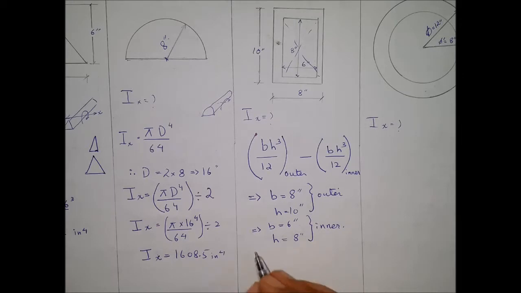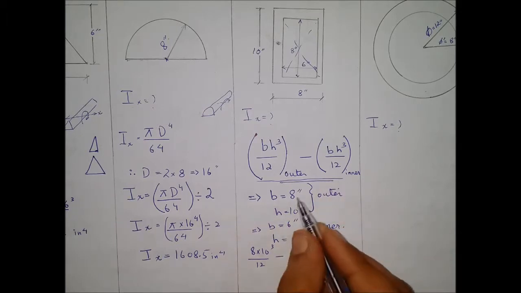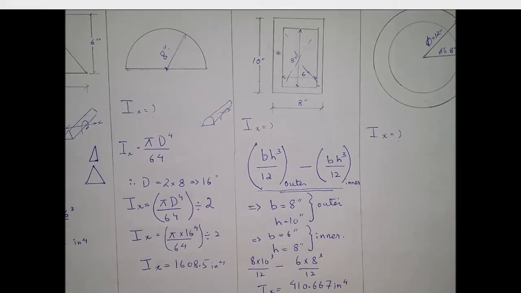Substituting these values in the formula, we get 8 into 10 cube divided by 12 minus 6 into 8 cube divided by 12. So the moment of inertia comes out to be 410.667 inch to the power 4, which is the required answer.